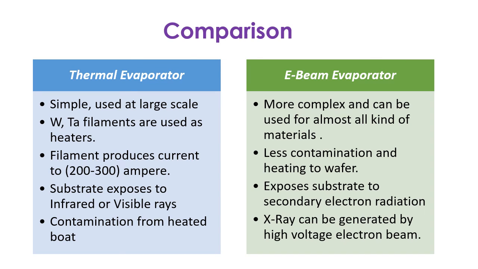Compared to the thermal evaporator, the e-beam evaporator has less contamination and heating of the wafer, but the substrate is exposed to secondary electron radiation, and X-rays can be generated by the high voltage electron beam.